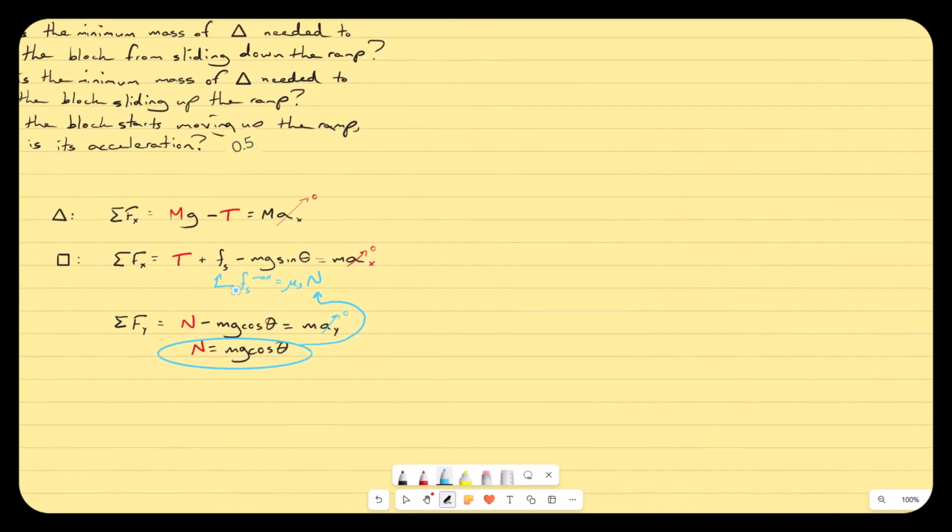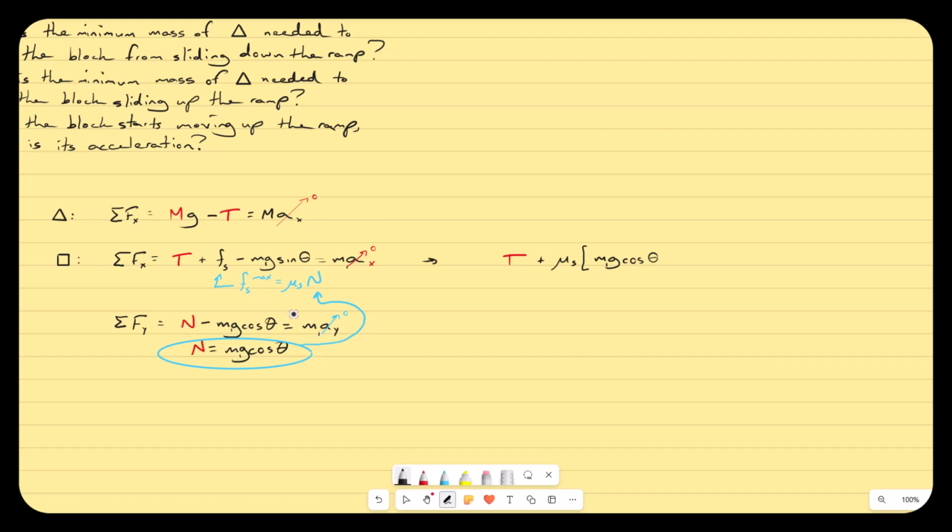When I do, this equation becomes T plus fs, which is mu s times the normal force. Normal force is m1g cos theta. These are all m1s because I'm dealing with the block.